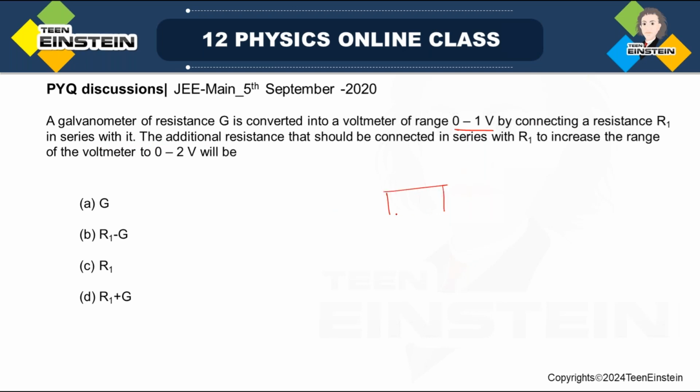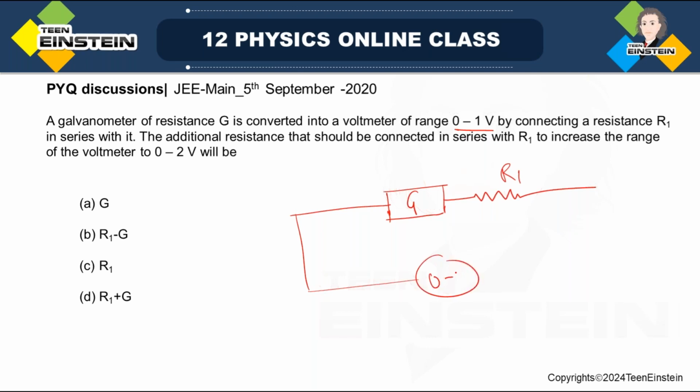Suppose there is a galvanometer coil. This has resistance G, which is given. Now it is converted into a voltmeter just by connecting a resistance, that is R1 here. When R1 is connected in series with G, it becomes a voltmeter of range 0 to 1 volt.